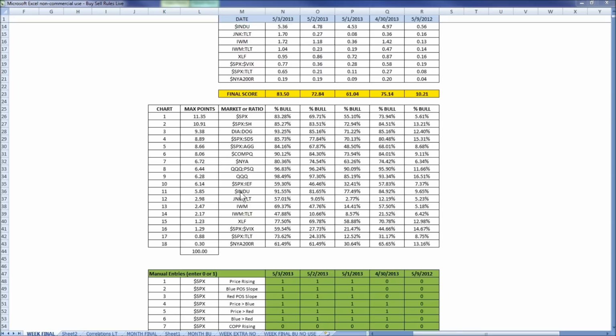And as you move down this list, they get lower and lower weights and become less important. So for example, monitoring small caps is important relative to tracking where the S&P 500 may go, but it's not nearly as important as these items up here that are more purely based on price.